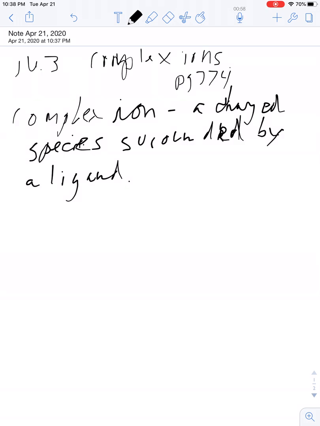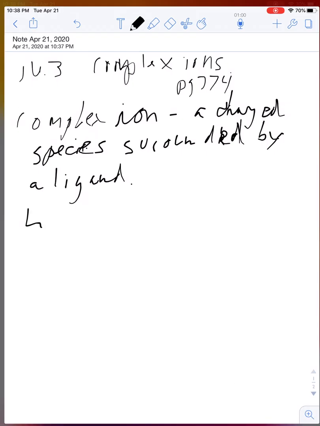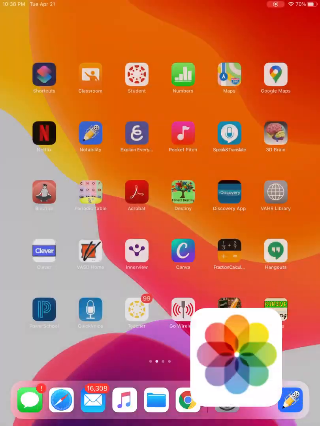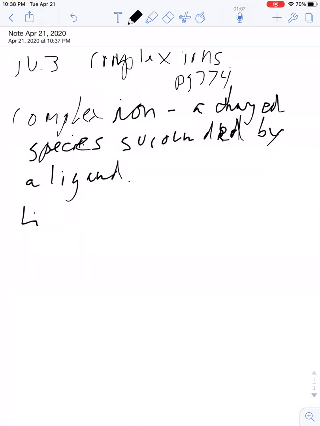All right? And what's a ligand? A ligand is a Lewis base. A Lewis base, remember, donates a pair of electrons.